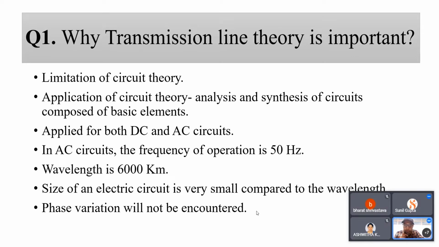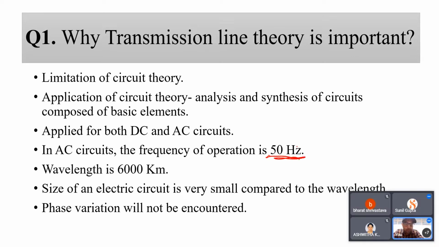By using traditional circuit theory we can find the response, like current flowing through the circuit and voltage across any element. However, this is applicable only for DC circuits as well as low frequency AC circuits, like a frequency of 50 hertz, which is the frequency that comes to your home directly from the grid.